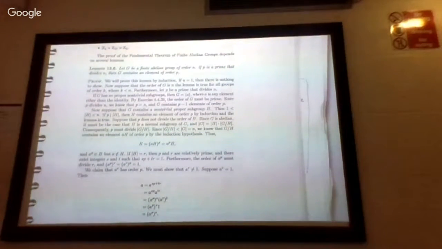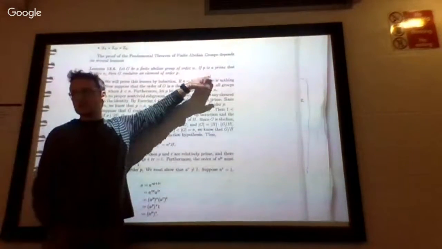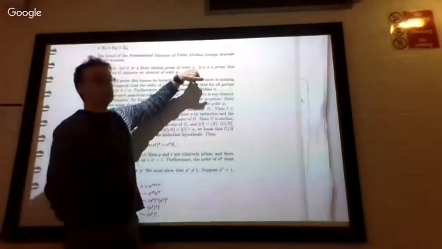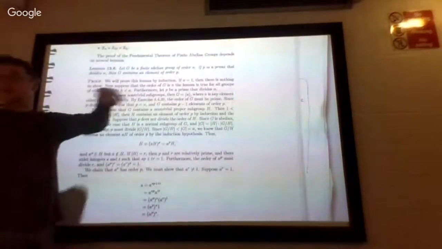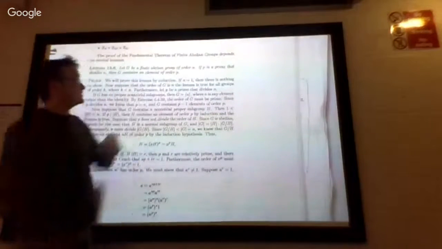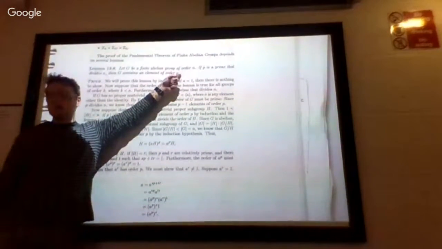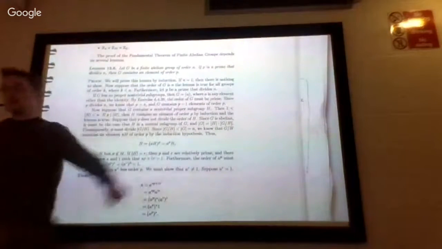Yes, there's no subgroup of order 6 in A4. But this is asserting something positive: for prime divisors, and 6 is not prime, of course, for prime divisors of the size of the group, we'll find cyclic subgroups of that prime size.